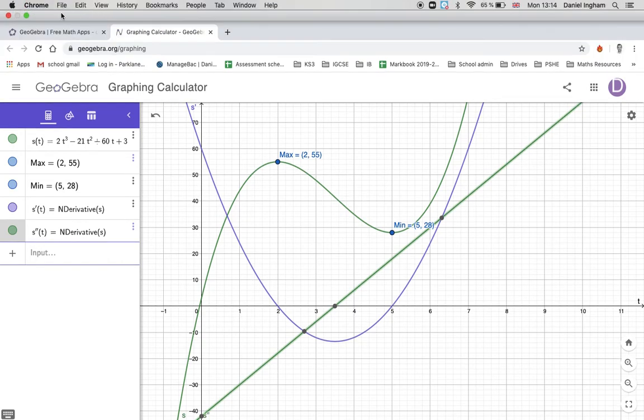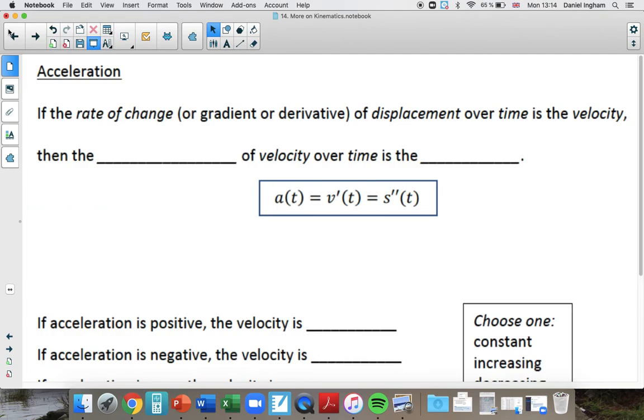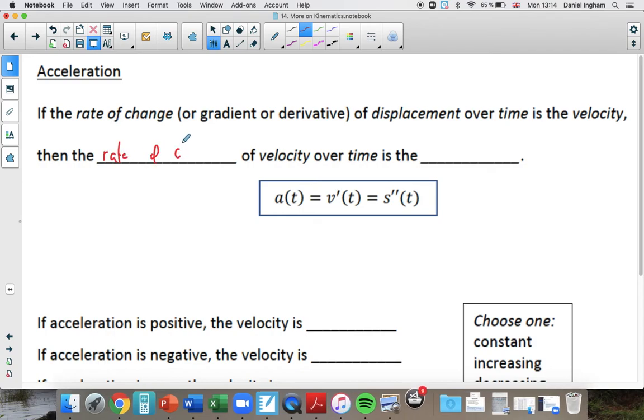Now, let's see what that looks like with respect to what we had here. So basically, if the rate of change of the displacement over time is velocity, then what I was looking for here was the rate of change of the velocity over time, which is the acceleration.